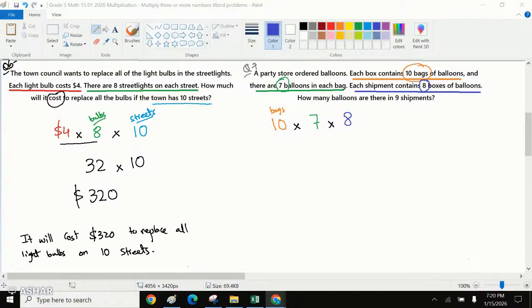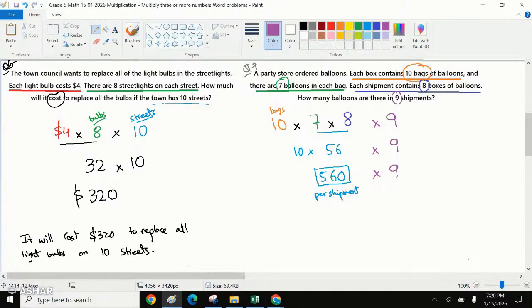We know that 7 multiplied by 8 is 56. Multiplied by 10 would be 560. This is per shipment, right? So how many shipments were they talking about? They had a total of 9 shipments. Can we multiply?